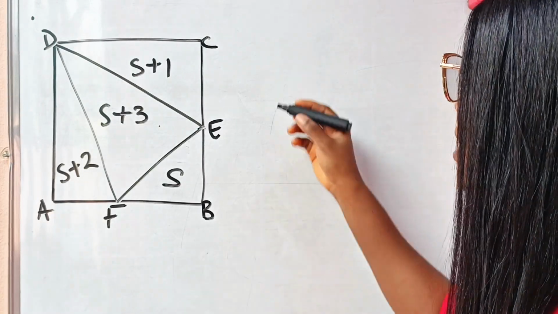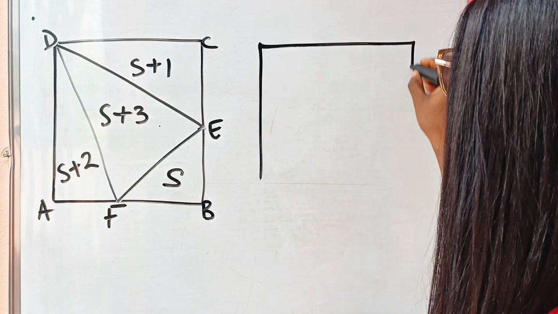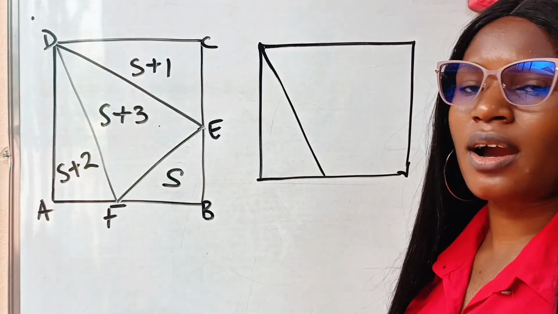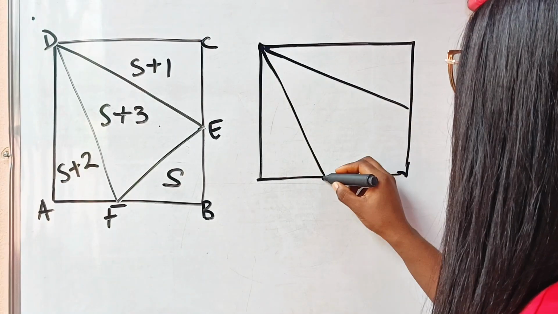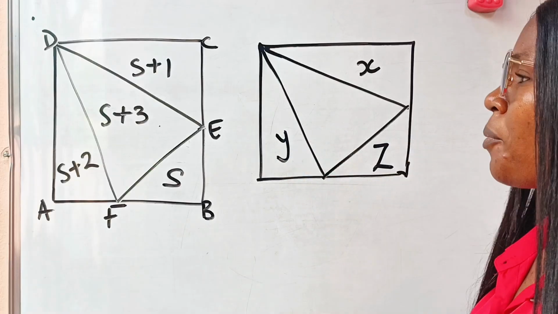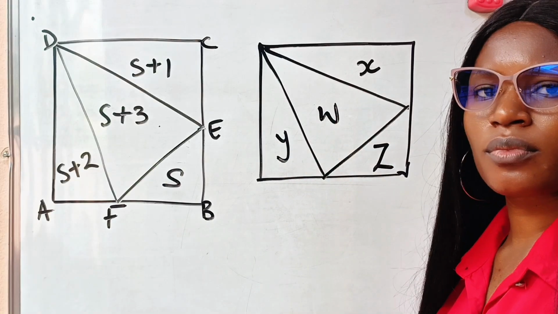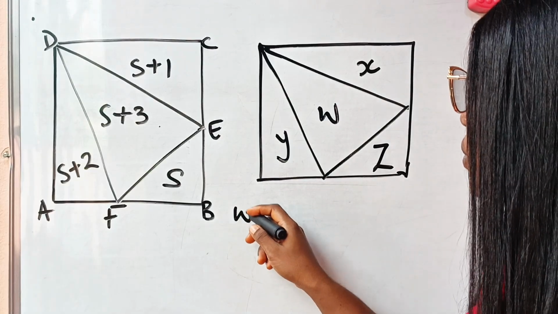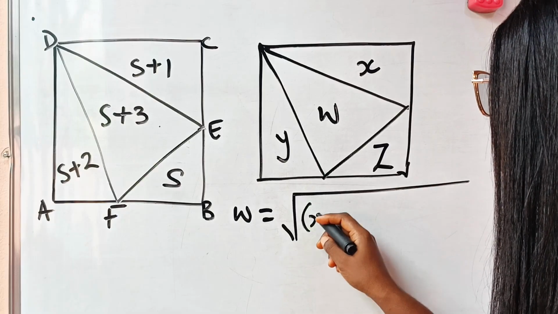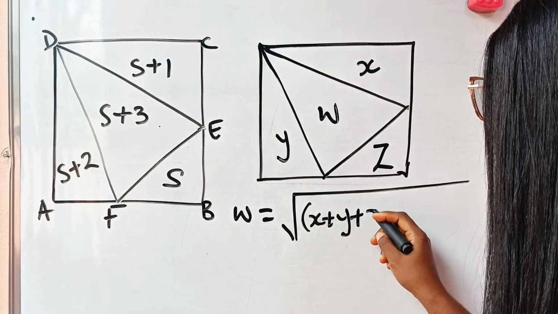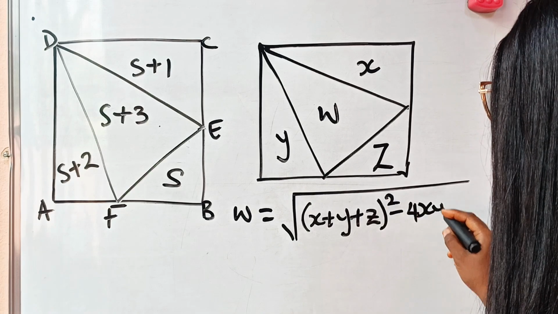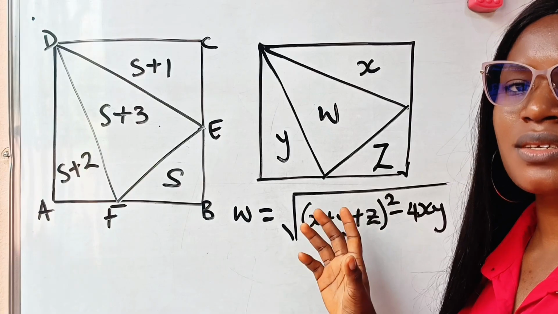This theorem states that in a rectangle in this form that has these triangles inscribed in it, if this is x, this is y, and this is z, and this is w, then w is equal to the square root of (x plus y plus z) all squared minus 4xy. That is what this states.